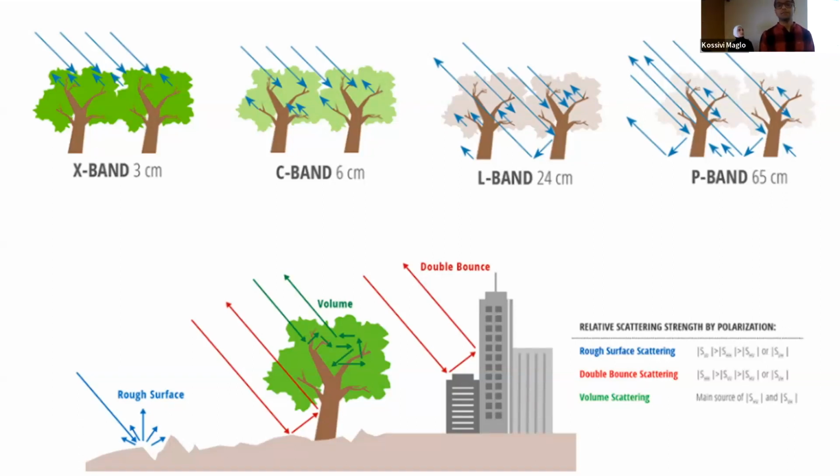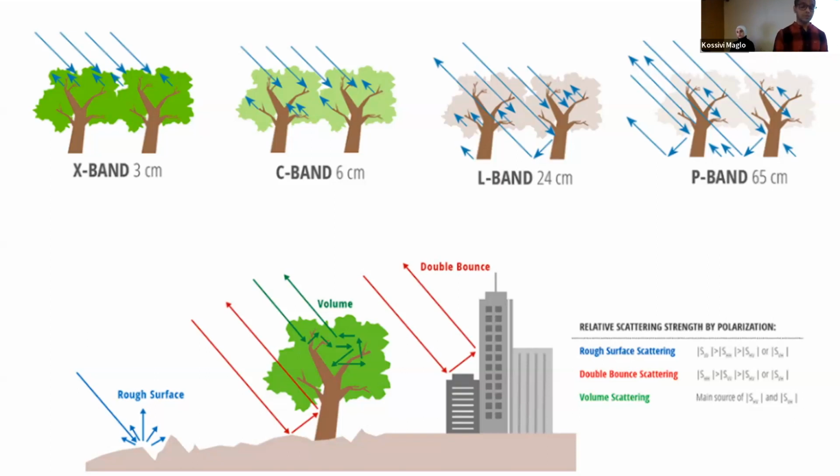Broadly speaking, the polarizations can be categorized into two: copolarization and cross-polarization. This basically talks about the orientation of radar signals from both the transmitting and the receiving antennas. Hence, these can be further categorized into combinations of vertical and horizontal polarizations, namely VV, HH, HV, and VH.